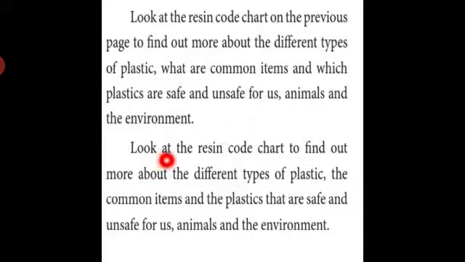Look at the resin code chart to find out more. What are the impacts of using harmful plastic on living organisms and the environment?